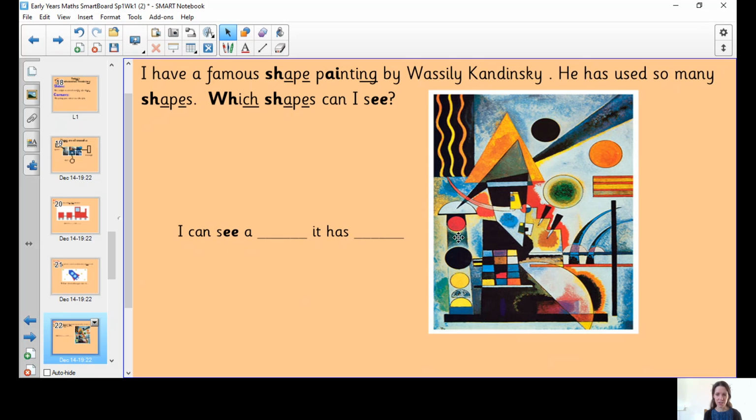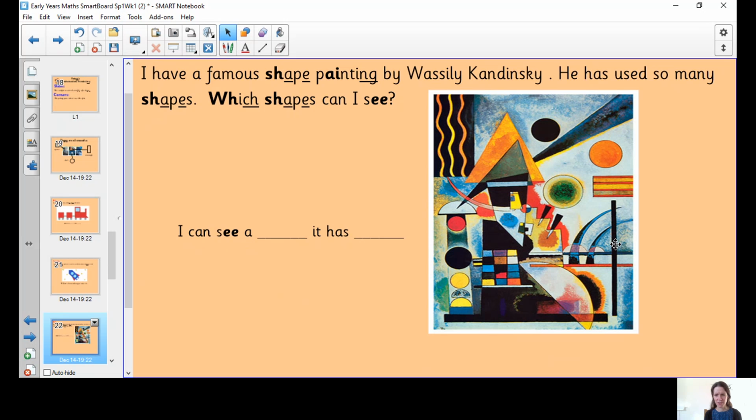I can definitely see some circles, and I know that they are circles because they don't have any pointy corners, but they do have one curved side that goes all the way around. I can also see some triangles, and I know they're triangles because they have 1, 2, 3 straight edges and 1, 2, 3 pointy corners.